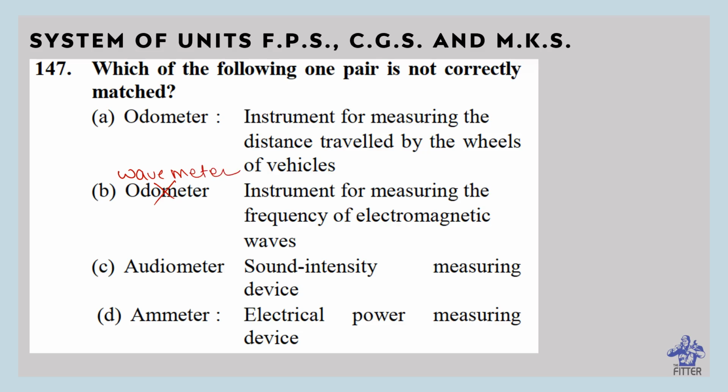And audiometer, sound intensity measuring device. That's right. Ammeter, electrical power measurement. This is not power measurement. It is used to measure current. So B and D are wrong answers.